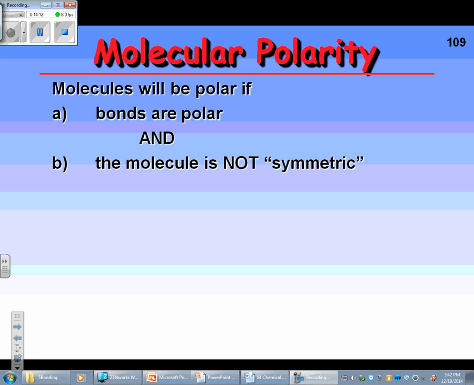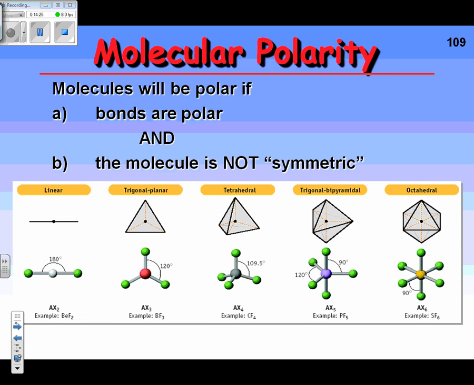Now, a molecule will be polar if the bonds are polar, and, it has to be and, the molecule is not symmetrical. Of all of our base shapes that have no unshared pairs on the center atom, these are all going to be symmetrical.